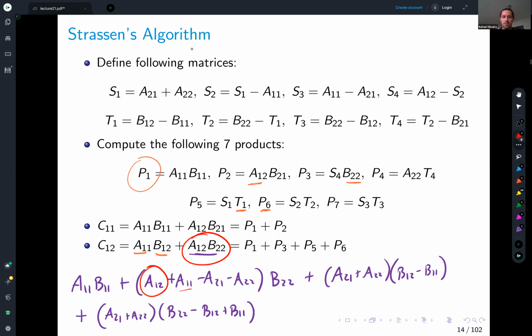So P5 is S1, A21. Oh, sorry, yes. I did it wrong here, so I think there's a mistake here. Let me correct this one. S1.